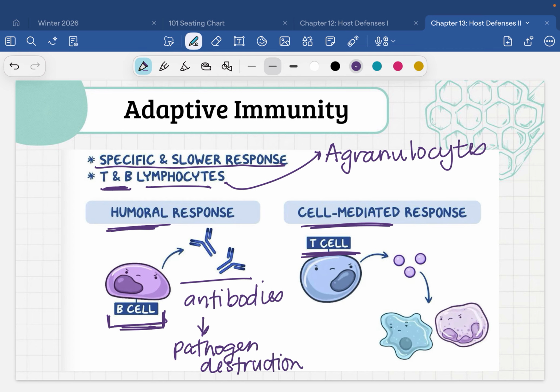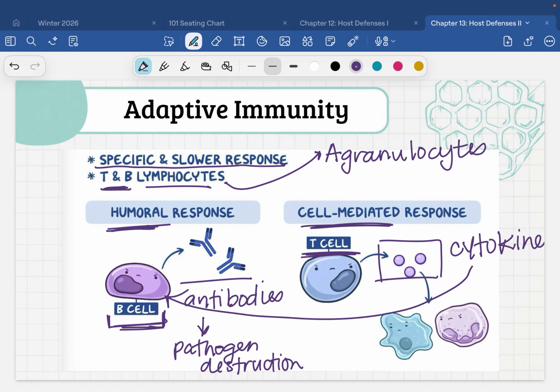Okay. So B cells produce antibodies. T cells produce cytokines that do a couple of different things. The biggest things that they do, the first one is that they help B cells.